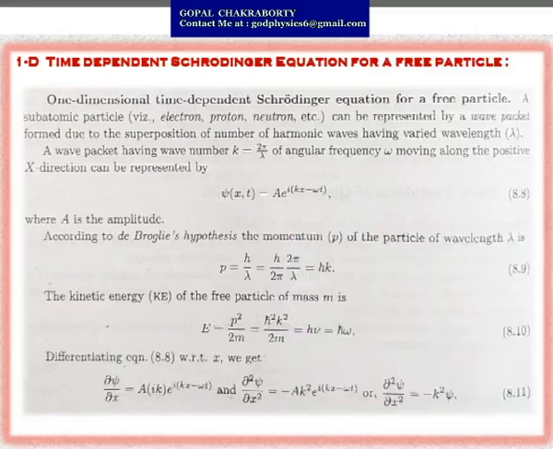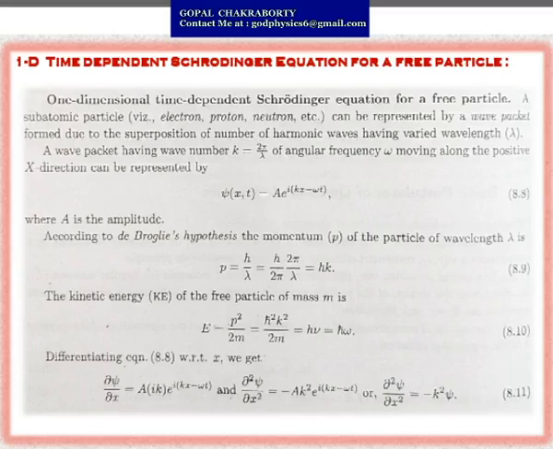So a subatomic particle, for example an electron, proton, or neutron, can be represented by a wave packet formed due to the superposition of a number of harmonic waves having varying wavelength lambda.